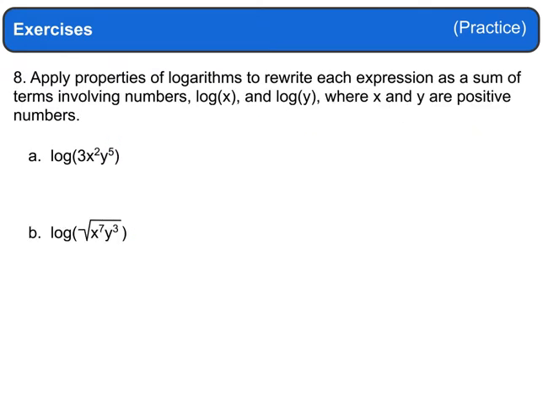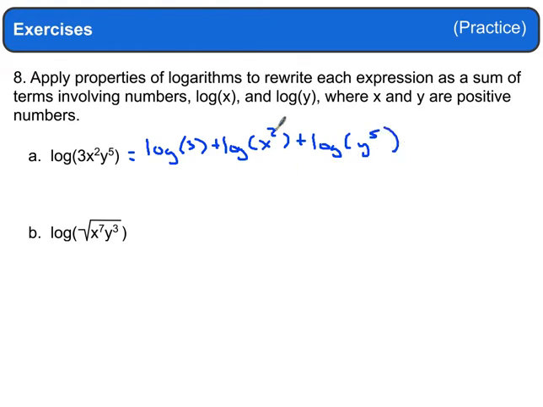So in number 8, what they want us to do is go the other direction, and they want us to expand this as a sum of terms involving log x, log y, and so forth. So what they want us to do is expand this out. So we could do that. This is all multiplied, so we can write log 3, and then we put plus log x squared, and then we put plus log y to the 5th.